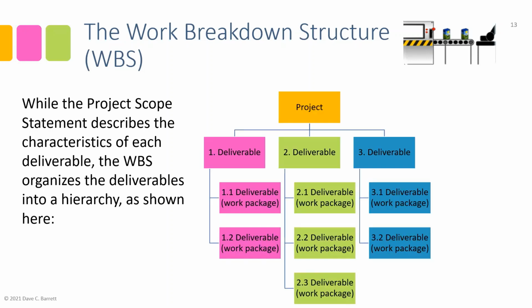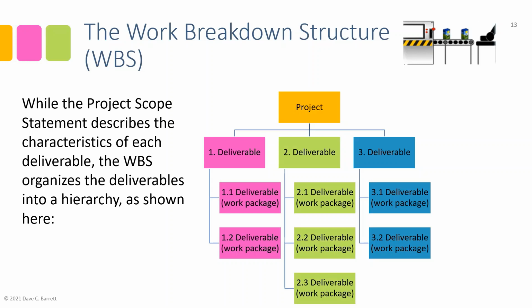This is a typical way of demonstrating a WBS. Oftentimes they're in tree diagrams like this, and you can see at the top of the structure of the WBS is the project itself in that orange color.